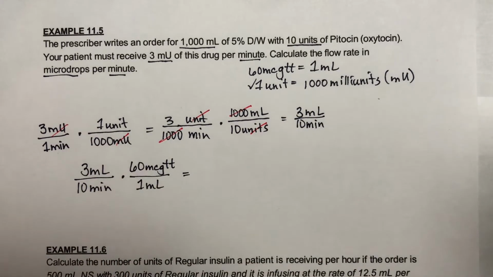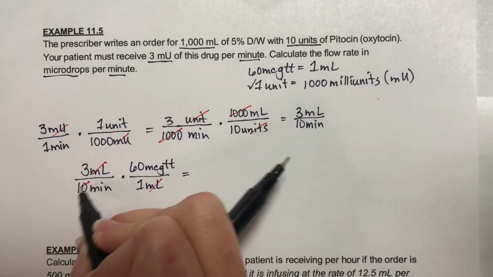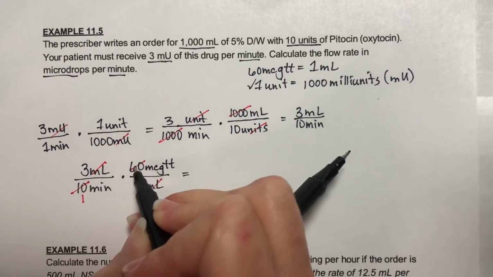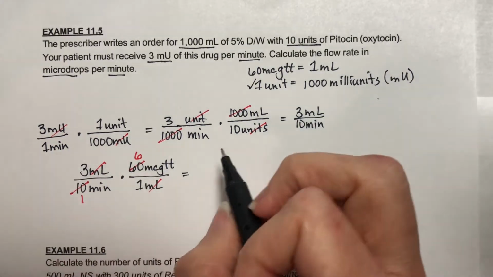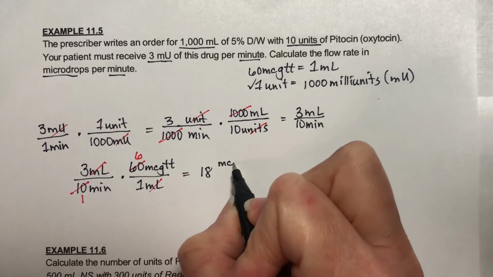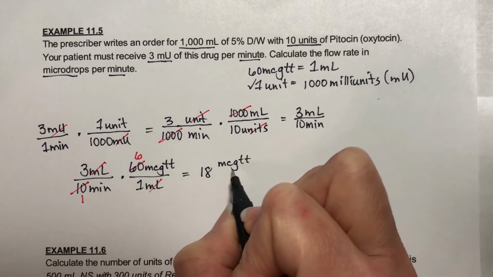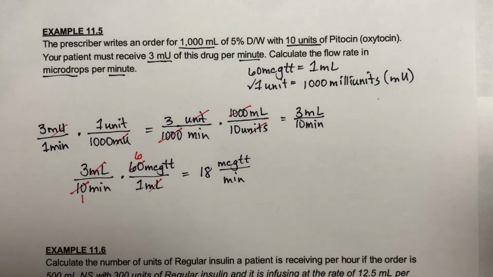The milliliters cancel out. If I divide this by 10, I get a 1. Divide this by 10, I get a 6. Multiply straight across, I'll have 18 over 1, so just 18 microdrops per minute. And that will be your answer.